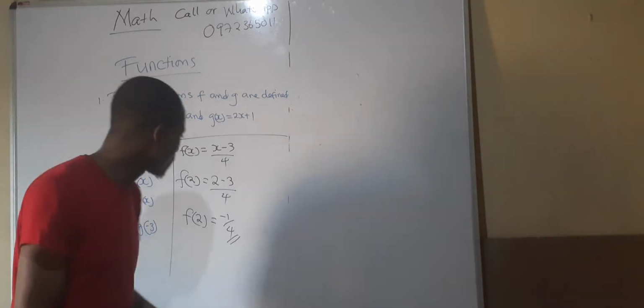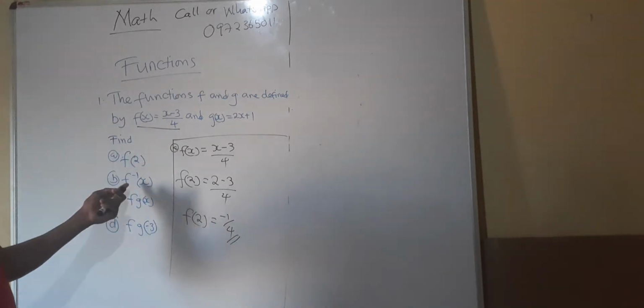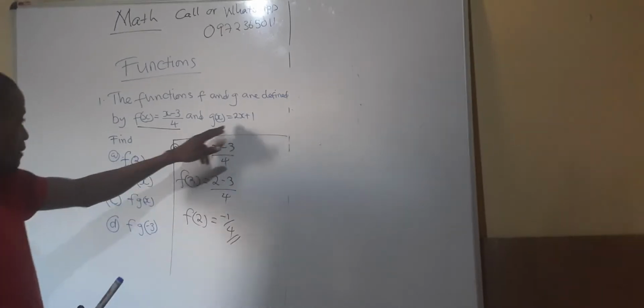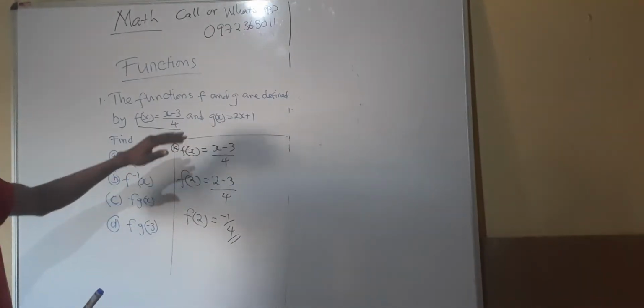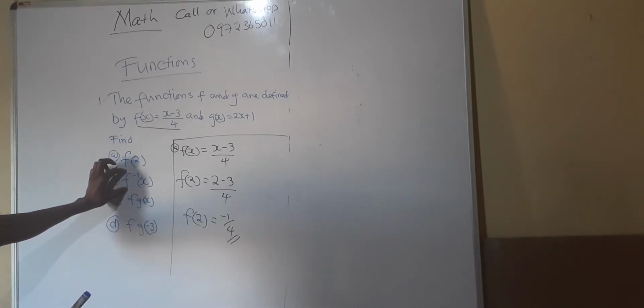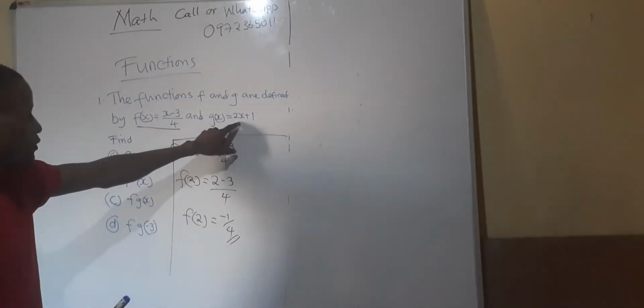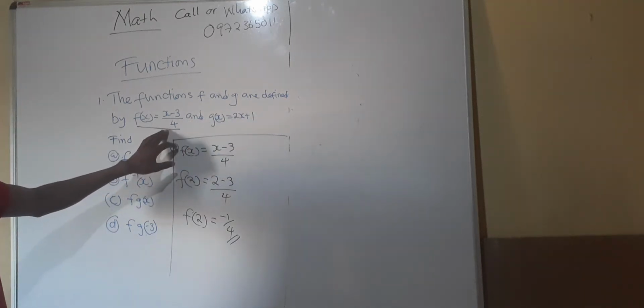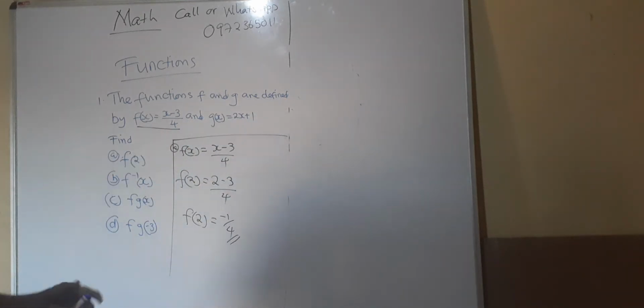Now the second question, which is f inverse of x. How do we find the inverse function? I'll show you how to find the inverse using the two functions. I'll start with the question, which demands the f function, then I'll also show you the other one, because sometimes they bring the one without a fraction and the one with a fraction, and they say find the inverse function.